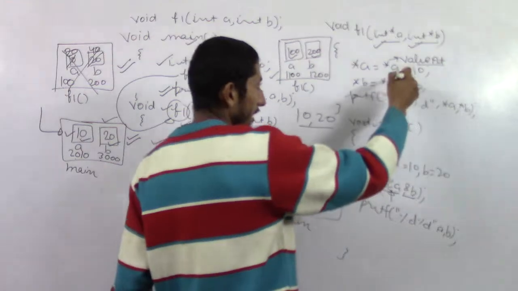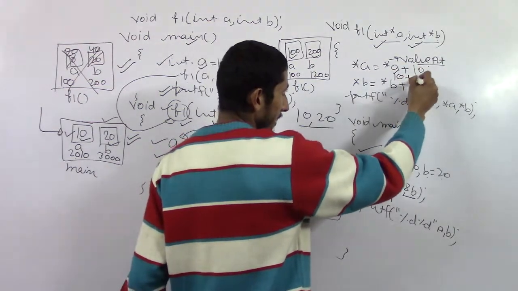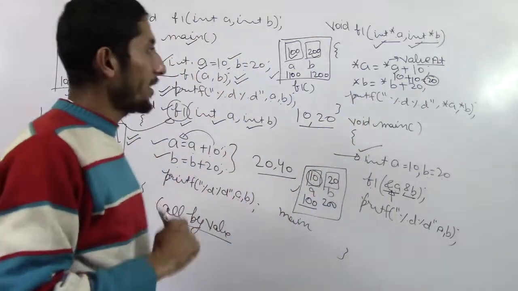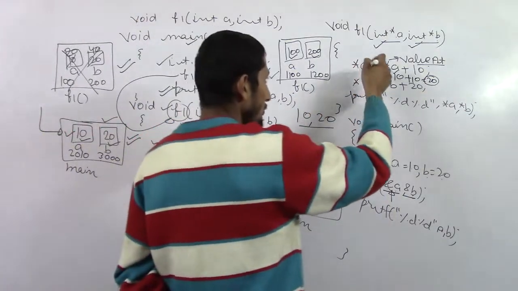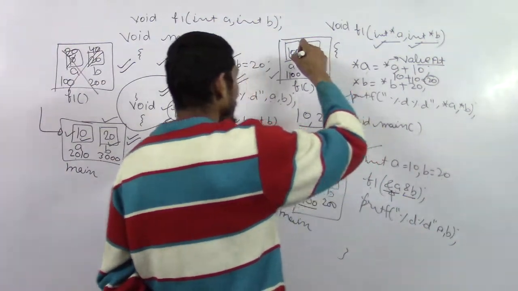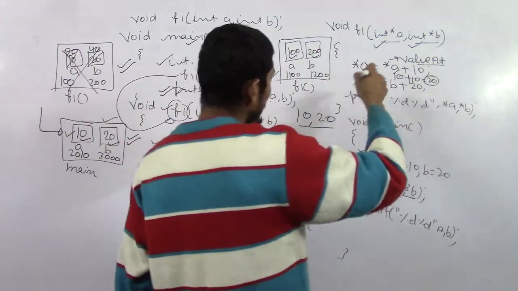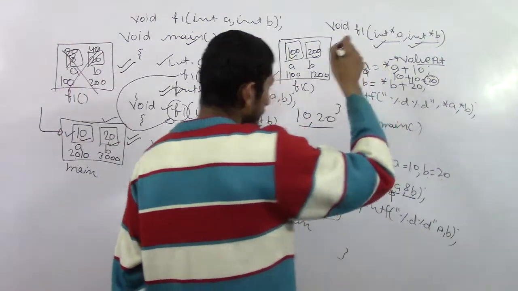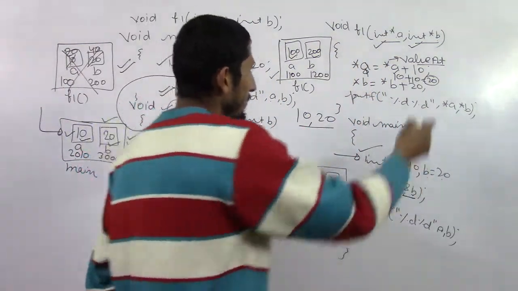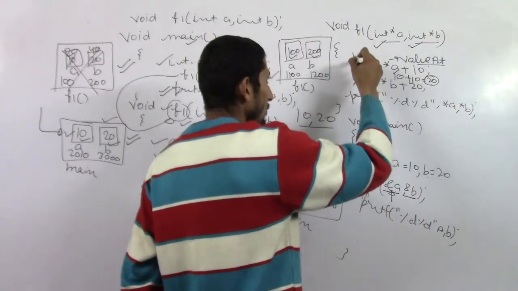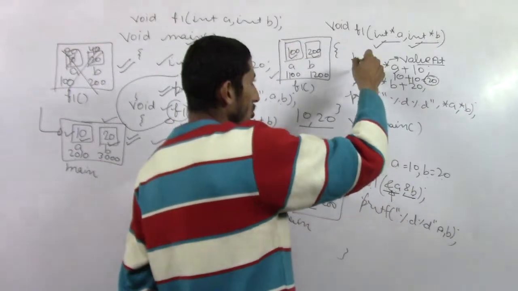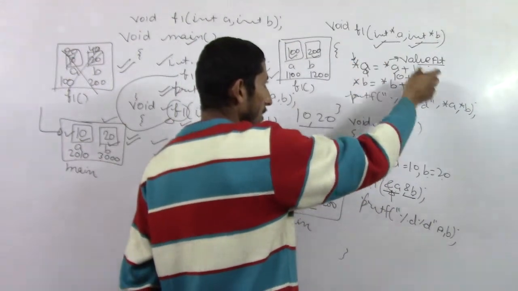So we add 10 plus 10, it becomes 20. And where am I going to save this 20? In the value at a. So what is a? a is an address, the value of a is 100. So the compiler is saying that please go to the location at 100 and save the value 20.